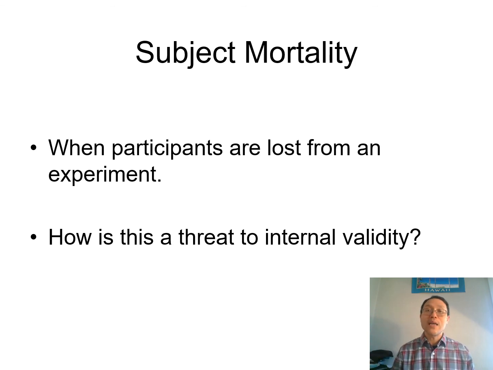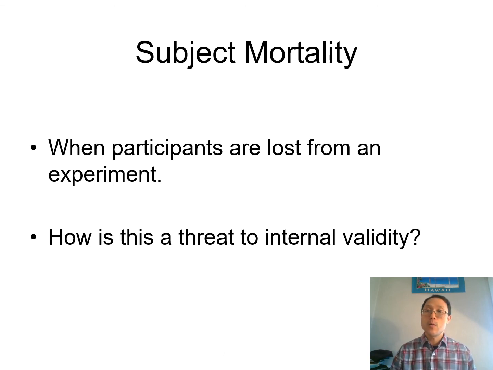They literally drop dead from the experiment, and you just have to bite the bullet and say this is the nature of the experiment. The only thing you can do is take all of the data that you could. So that is not so much of an issue when it comes to internal validity.